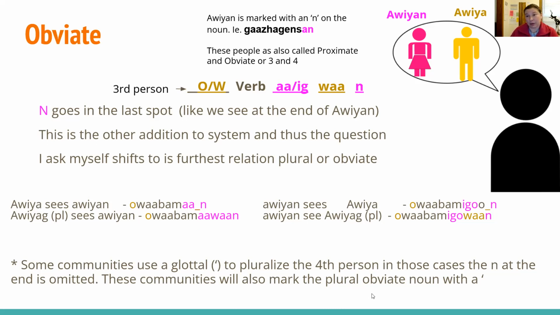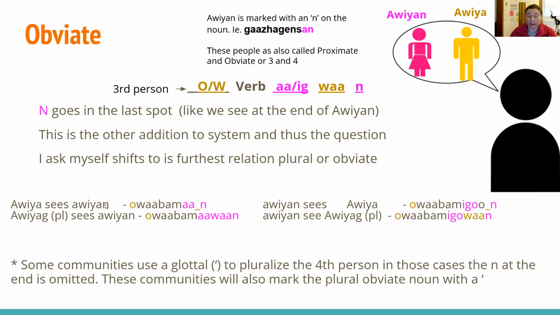I did mention that there are some communities who, if they have the obviate person is plural, they'll have a glottal, and you can add that if that's your case. But the ones I'm most comfortable, used to, have the N at the end. And so I don't want to get too much into territory that I'm not up to speed on. So we put our N in our final spot, and now all of the conjugations are complete.